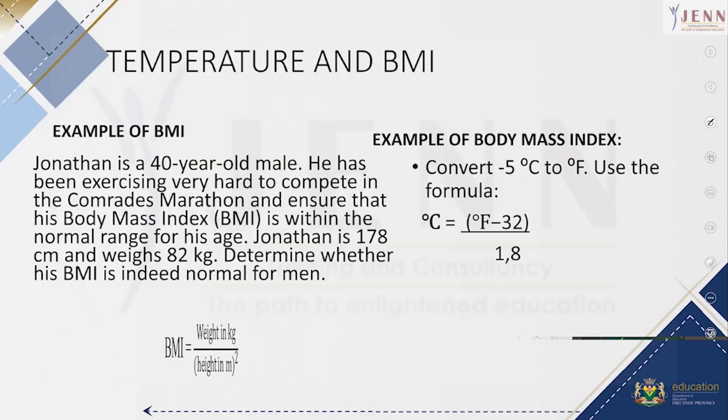Now, we are going to use the formula for BMI. BMI is equal to weight in kilograms over height in meters squared. But unfortunately, the height is given in centimeters.